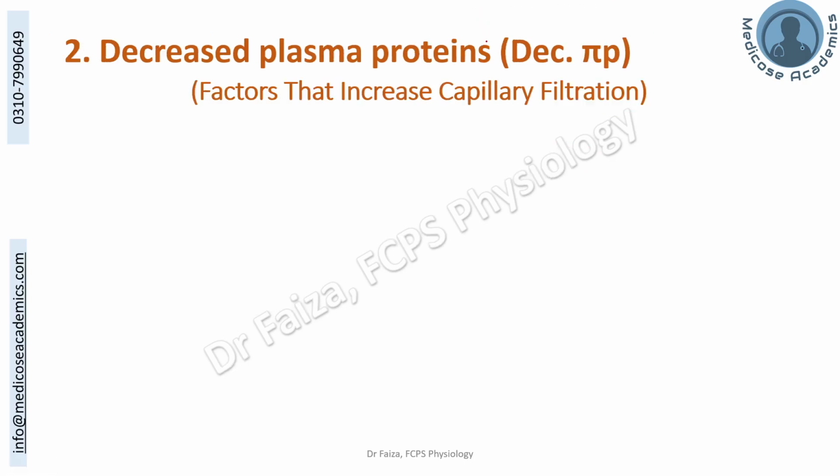Decreased plasma proteins are going to cause decreased capillary colloid osmotic pressure. The fluid reabsorption will decrease across the capillary and the fluid will stay more in the interstitium, leading to extracellular fluid edema. Now, what can cause the decreased plasma proteins? Either it can be decreased intake in the food, for example, malnutrition.